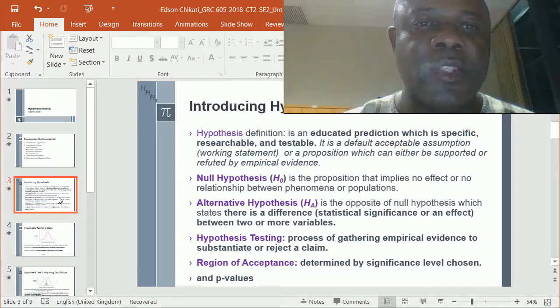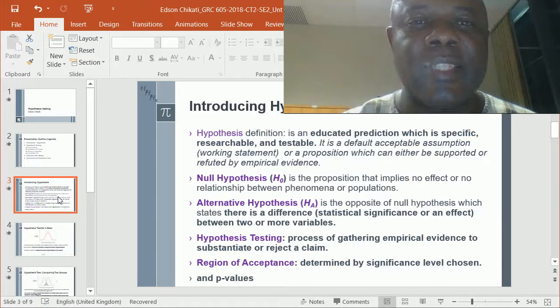A hypothesis is a working statement which is a default position accepted on the assumption that it is true, or a proposition which can either be supported or refuted by empirical evidence from the research data.